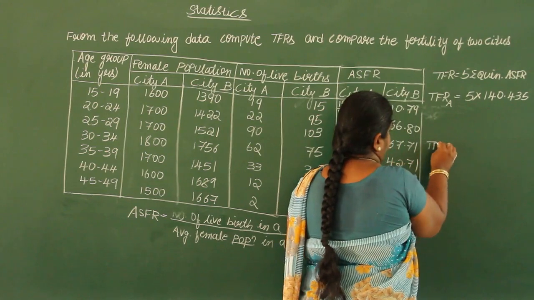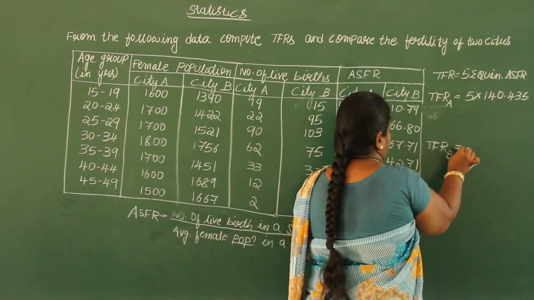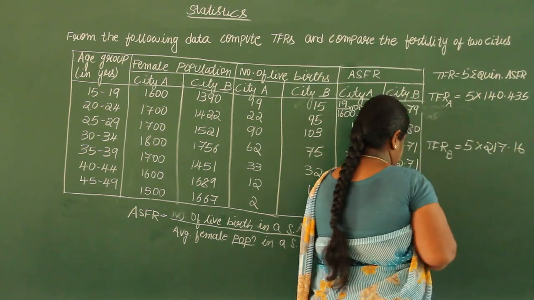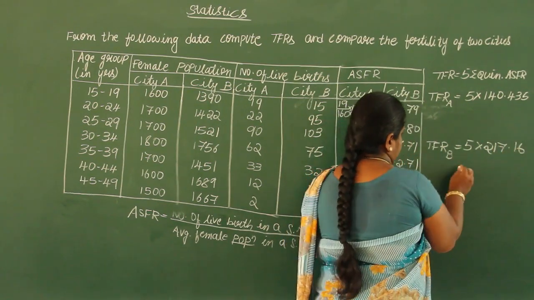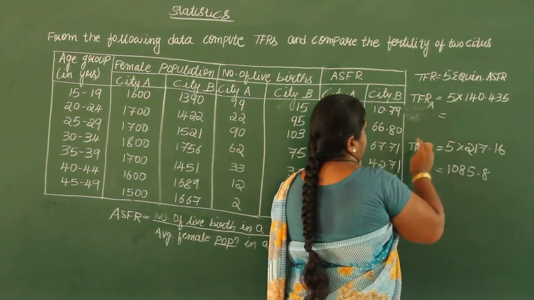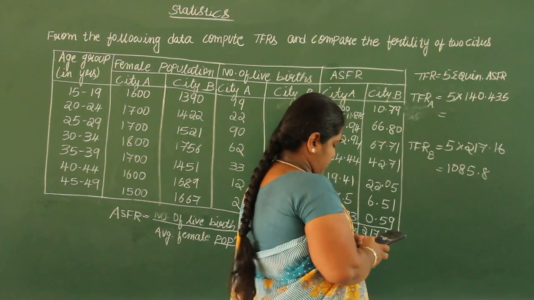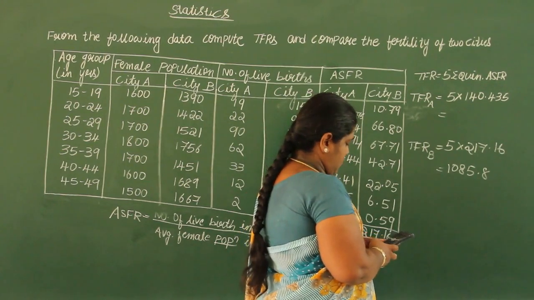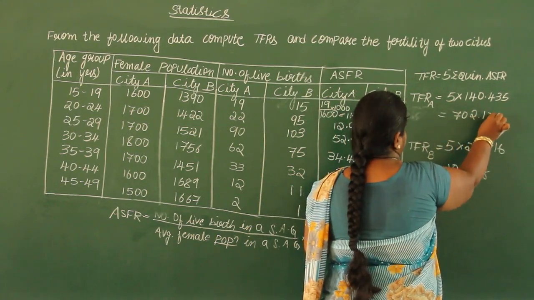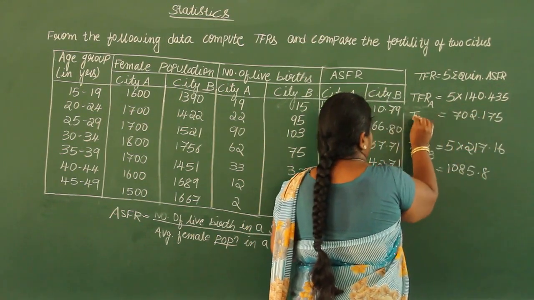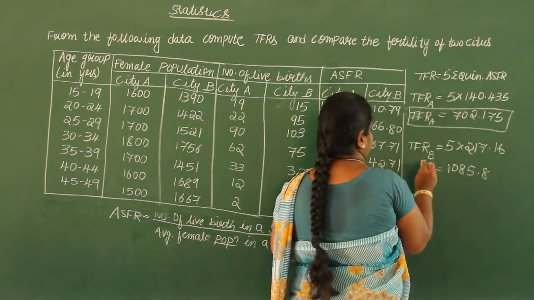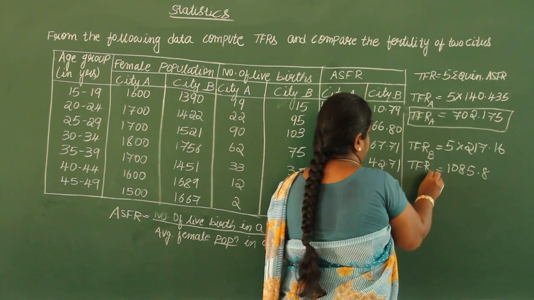Similarly, TFR of B is 5 into 217.16. So for B we'll get 1085.8. For A, 5 into 140.435 is 702.175. So if you compare which TFR is more, it is regarding B.